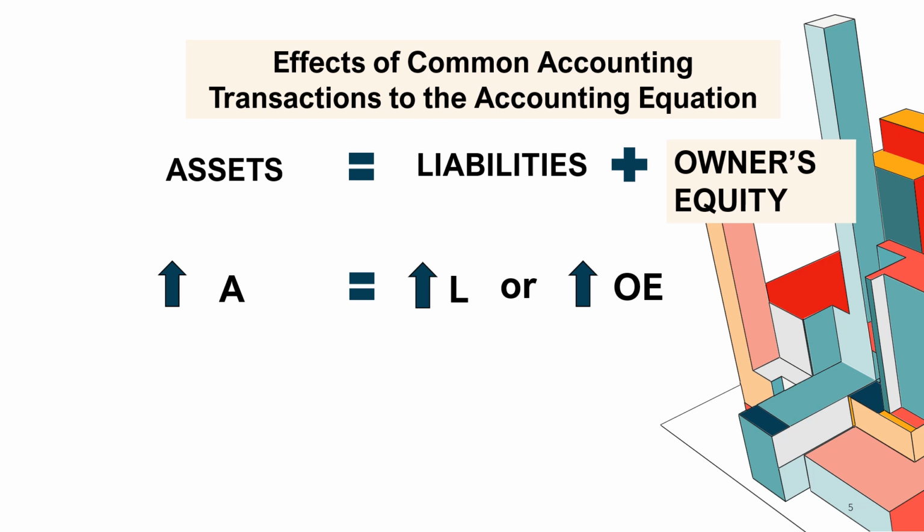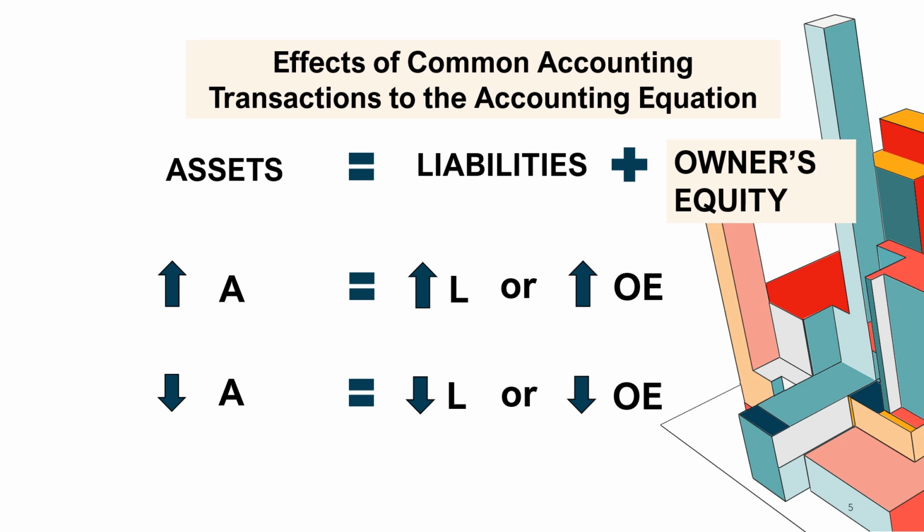An increase in assets equals an increase in liabilities, one. Increase in assets equals increase in owner's equity, number two. Another one is decrease in assets equals decrease in liabilities. That's the third common accounting transaction. And decrease in assets equals decrease in owner's equity.